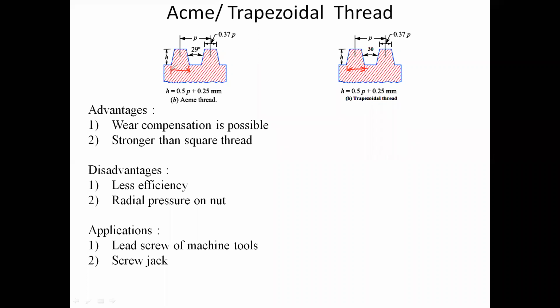Because of the stronger base, it can take more and more load, because shearing of this part is not possible due to the broader base. So it is stronger than the square thread. In the square thread, these are straight lines, so this width and this width are the same. So you can write here, there are two advantages: there is wear compensation, and it is stronger than the square thread.